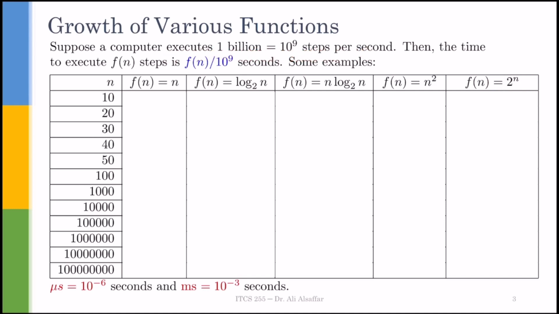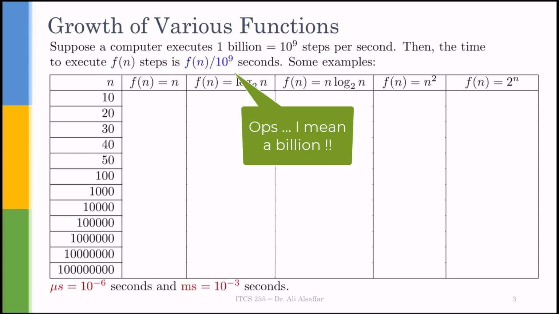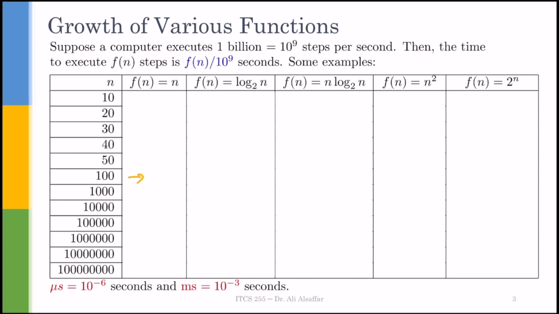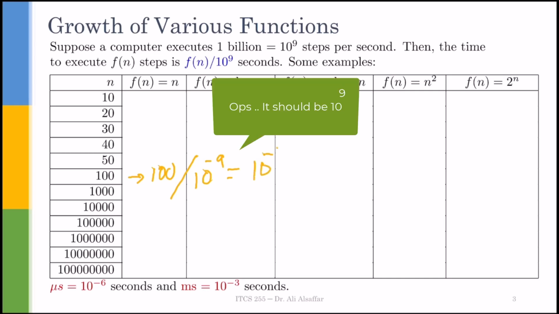And suppose that the algorithm executes f of n steps. Then to compute the time in seconds, you divide the number of steps over 10 raised to power 9, and you will get the answer in seconds. So for example, if n is equal to 100, then the number of steps will be 100 for the linear function. When you divide it by 10 raised to power 9, you get 10 raised to power minus 7.